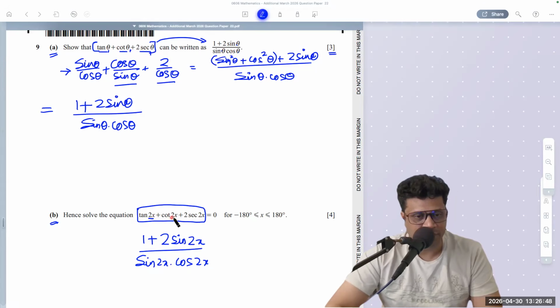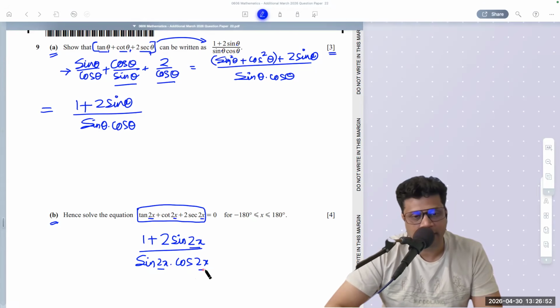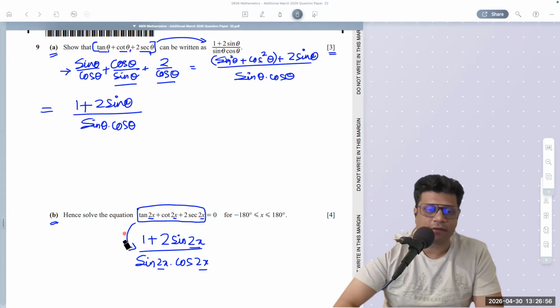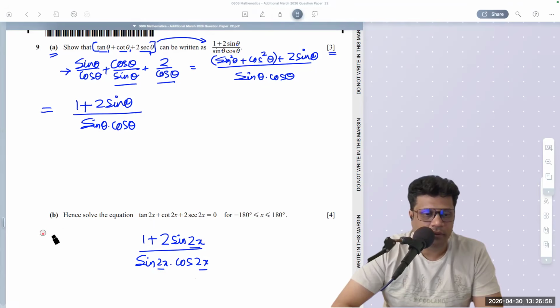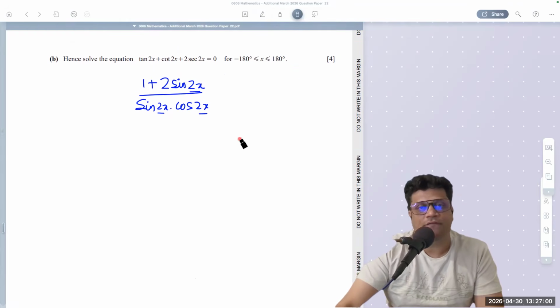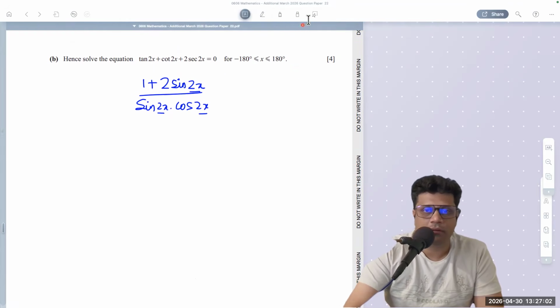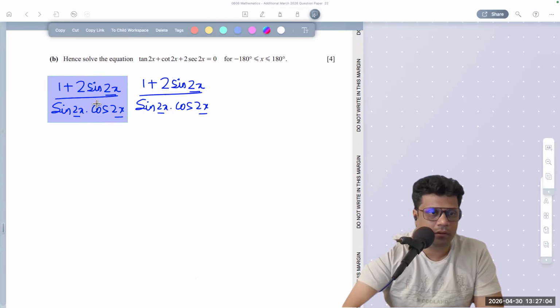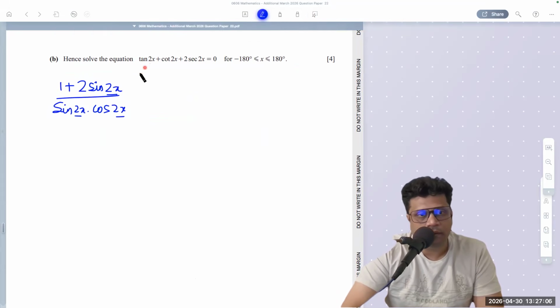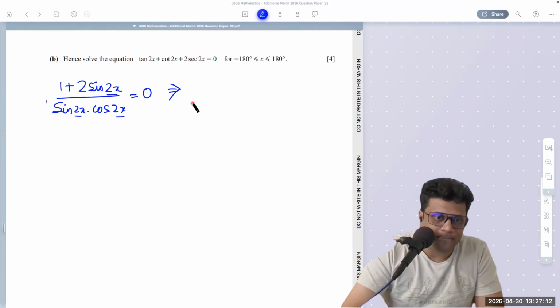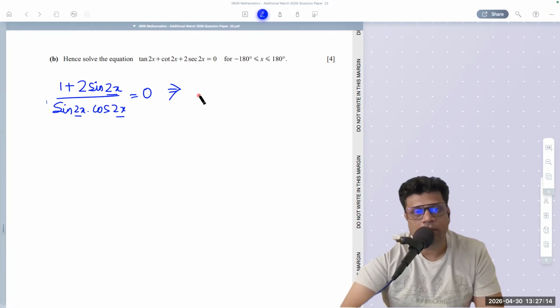If there's a 2x here, I'm going to end up with 2x there. So these two are equal. So all I am looking for right now is the solution for this equal to 0. That is how I start. Because this is just that now.